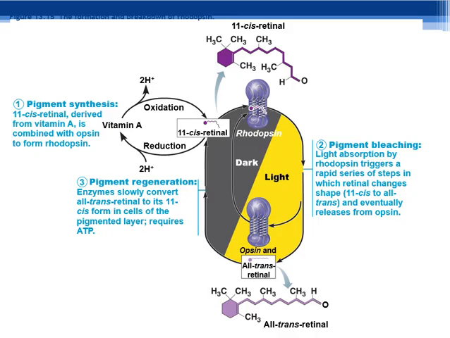So you're seeing the rod being triggered when light hits it, producing pigment bleaching. So that was light absorption by rhodopsin that triggers a rapid series of steps in which the bent form of retinal changes to the straight form of retinal. But we want to regenerate that pigment and also resynthesize the bent form of retinal. So this can keep happening.